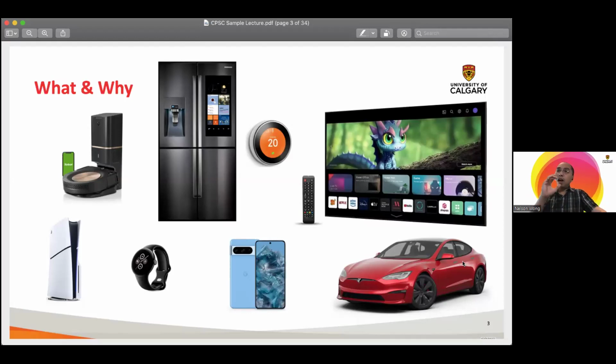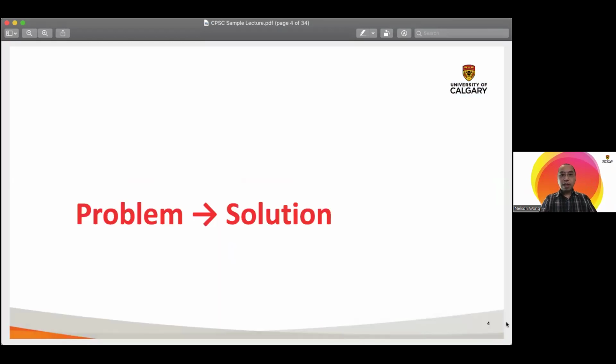They help us do something. There are things we want to do, challenges, problems we want to solve, and these things help us solve those problems. In computer science, we often need to look at problems and figure out how to get to the solutions.